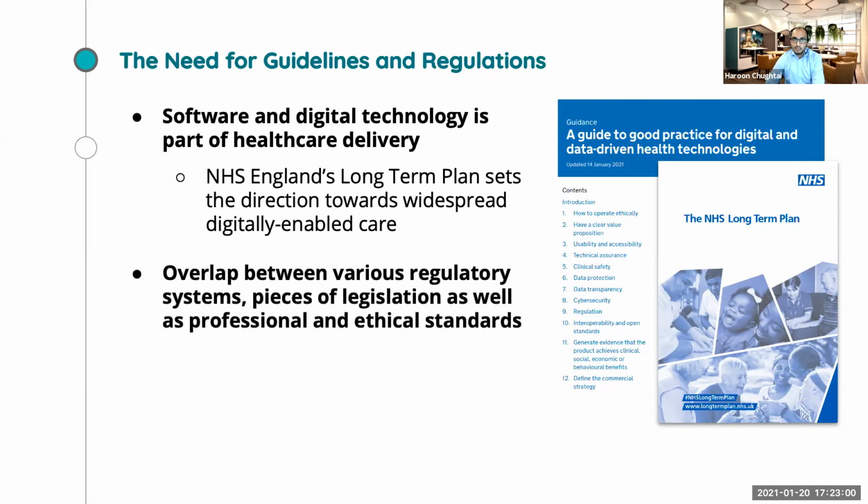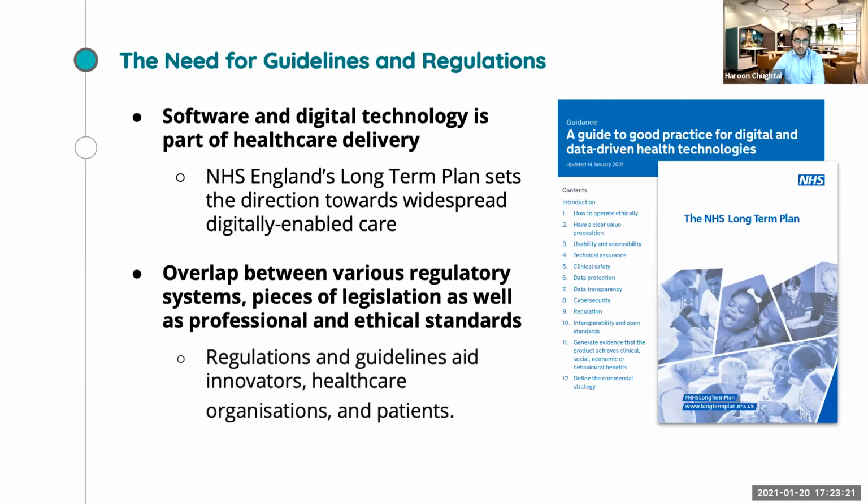But deploying and using software in healthcare delivery results in overlap between lots of different pieces of regulation, lots of different systems, as well as varying professional and ethical standards, both from the perspective of healthcare, but also from the technology side of things and from maybe data ethics as well. And regulations and guidelines aid both innovators in terms of setting what's expected of them, but also, as was mentioned before, healthcare organizations and patients in assuring safety and reliability.